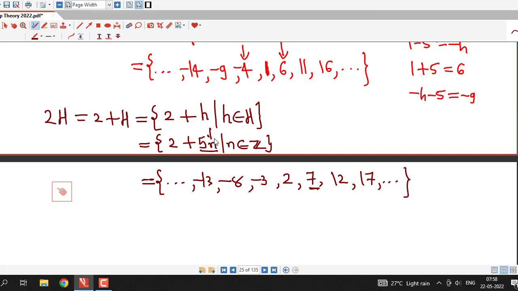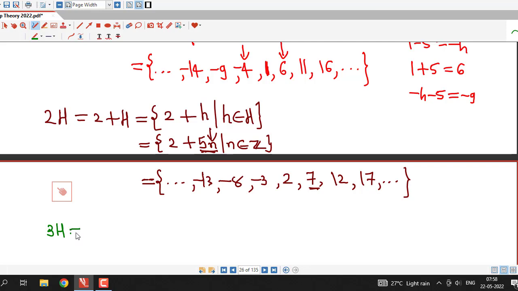Or we can check by taking particular values. Suppose I take n equal to minus 1, this is going to be minus 5 plus 2, that is minus 3. For n equal to minus 2, this will be minus 10 plus 2, that is minus 8. So you can write as you wish. There are different ways of writing the same coset.